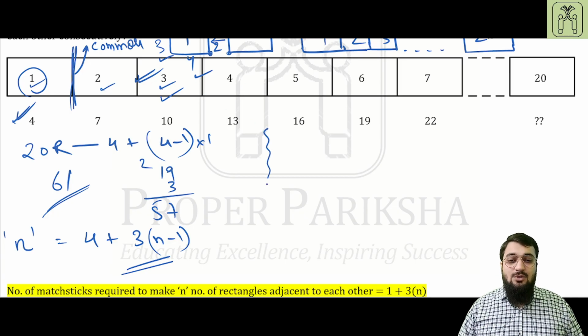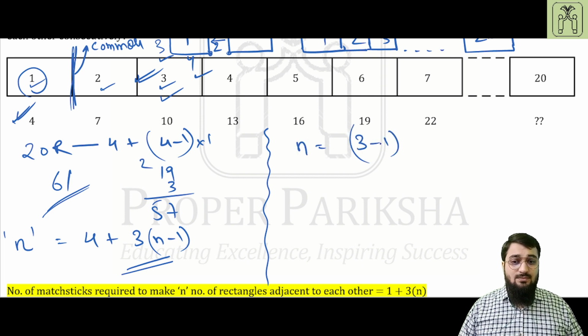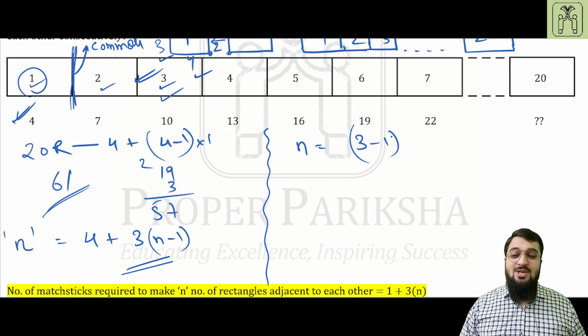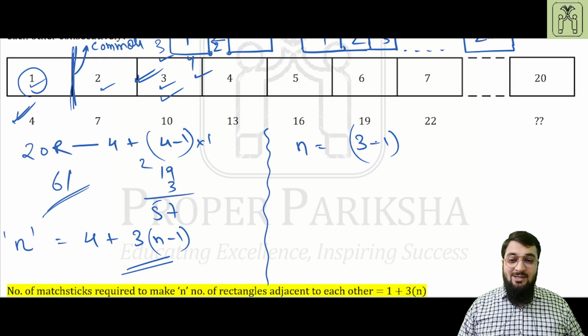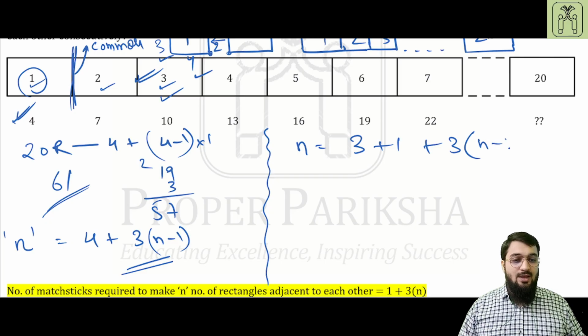After that, what you will do, you will write 4 can be written as 3 plus 1. After that, we have one addition of 3 and we have one 3(n minus 1).